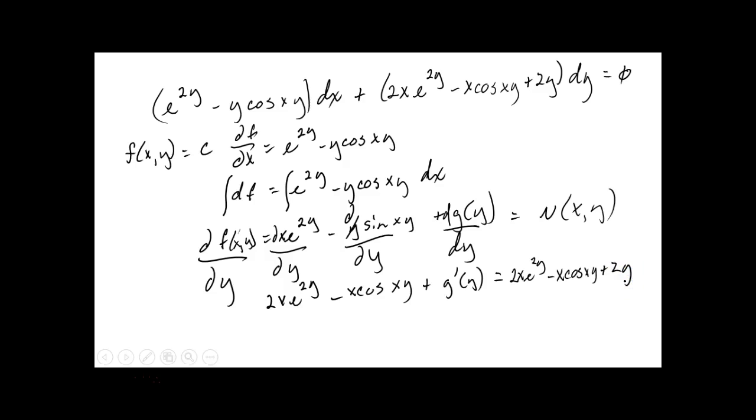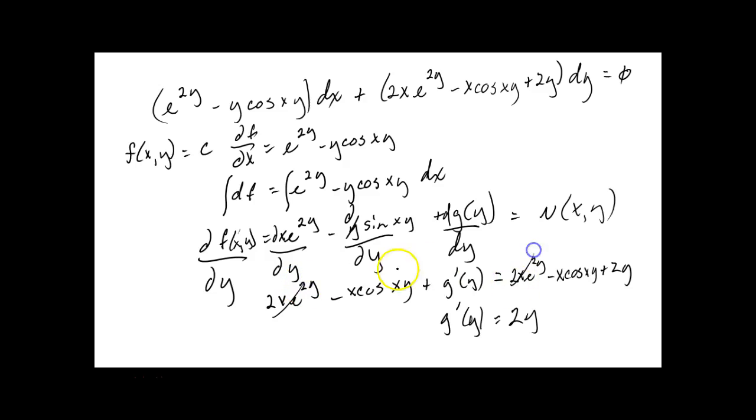That was your N of xy. Oh my goodness, look at this. This term is exactly that term, right? This term is exactly that term. So that leaves your g prime of y equal to 2y.